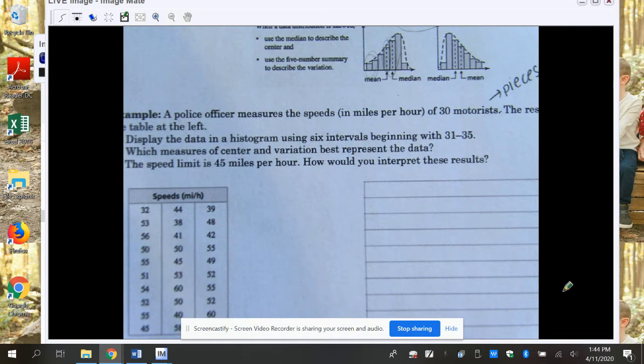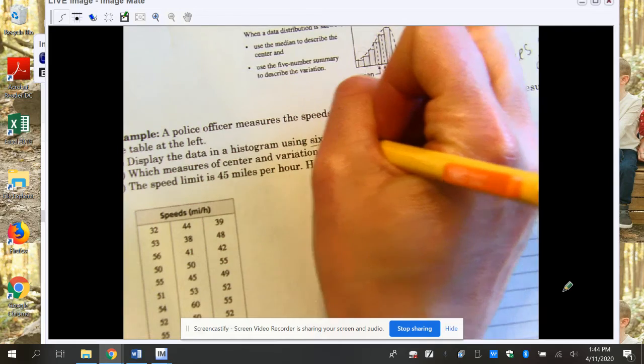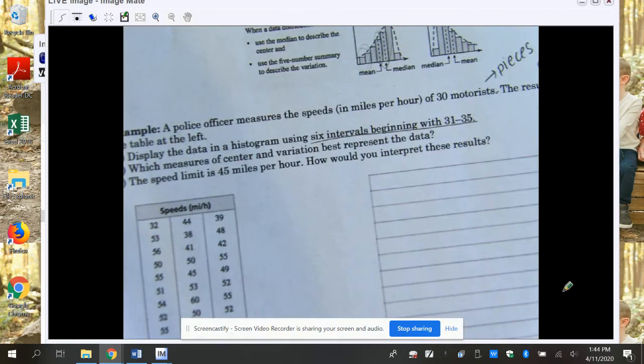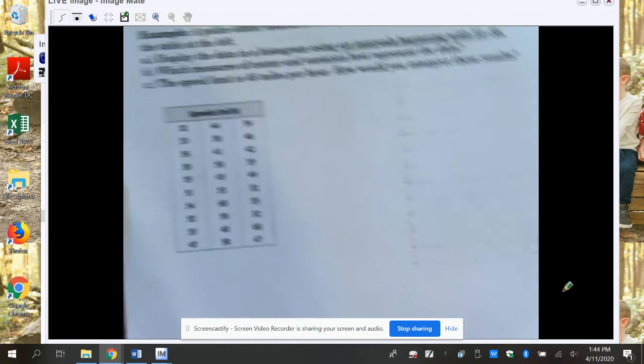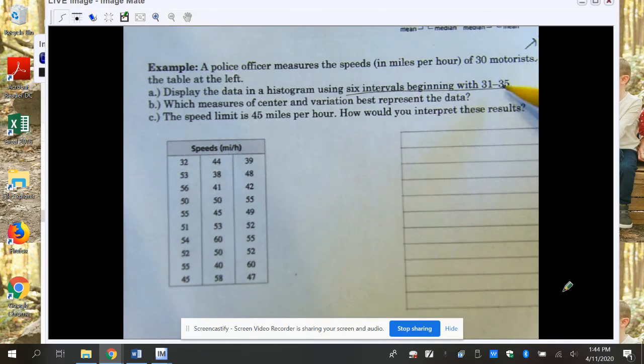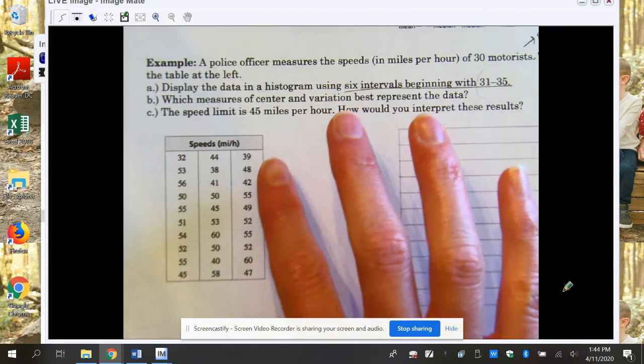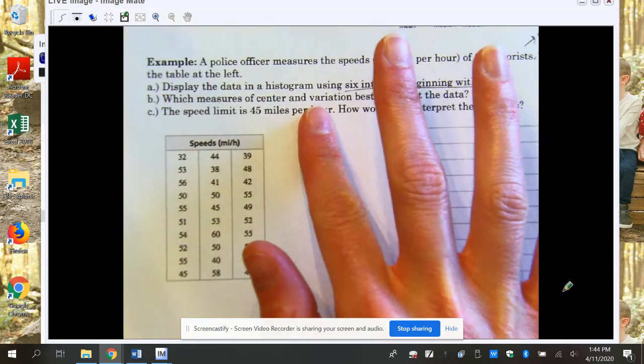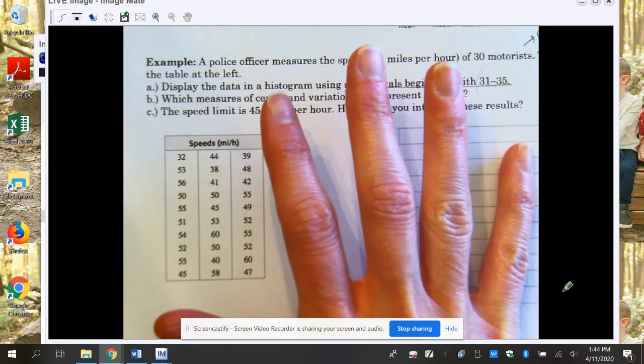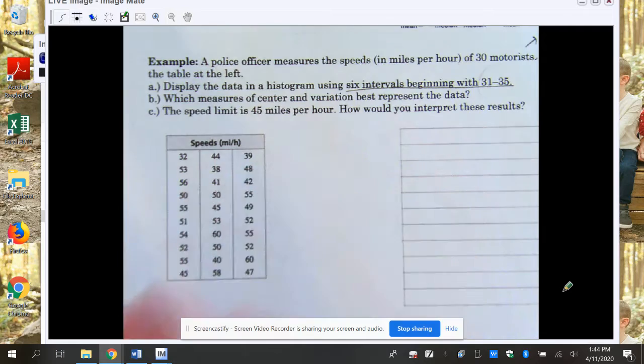So now this says display the data in a histogram using 6 intervals beginning with 31 to 35. Okay, so this is important. So I know that I'm going to have 6 intervals, and I have to make sure that those intervals have the same number of values, right? So I go 31, 32, 33, 34, 35. So each interval should be in increments of 5.